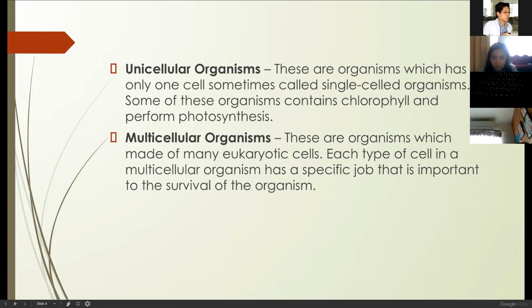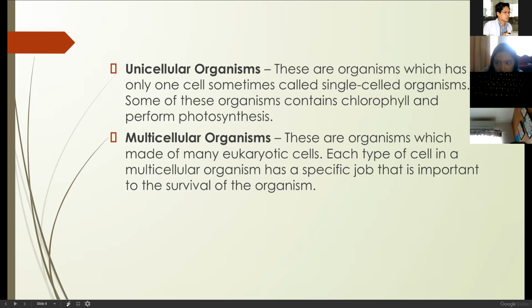Unicellular organisms. These are organisms which have only one cell, sometimes called single-celled organisms. Okay, when you say unicellular, uni means one. Some of these organisms contain chlorophyll because they can actually perform photosynthesis. Some of them also contain some pigmentation like carotenoids or carotene.